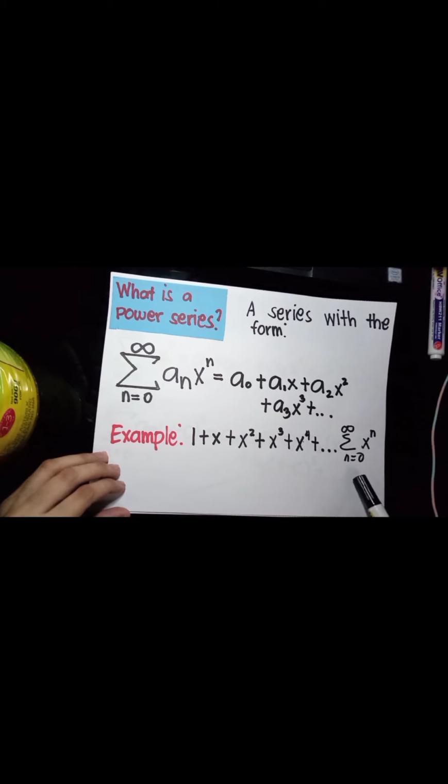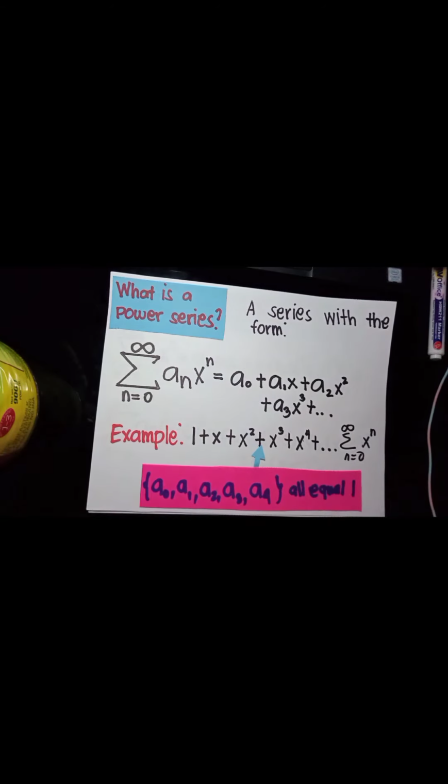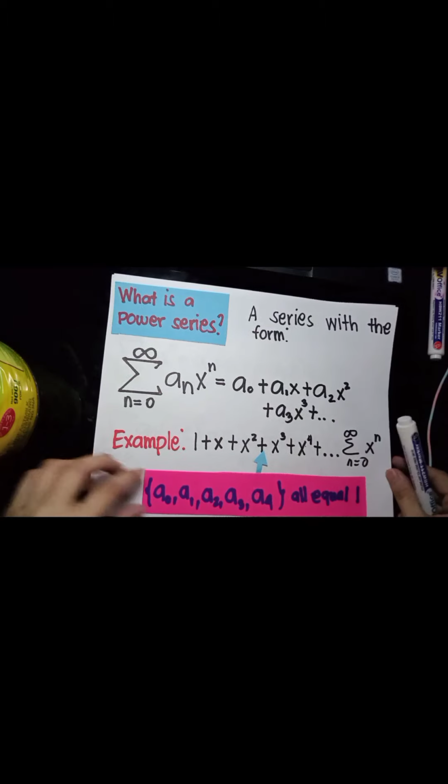In summation notation, we say from 0 to infinity of x to the n, where the powers are all integers, and the coefficient is equal to 1 for each term.